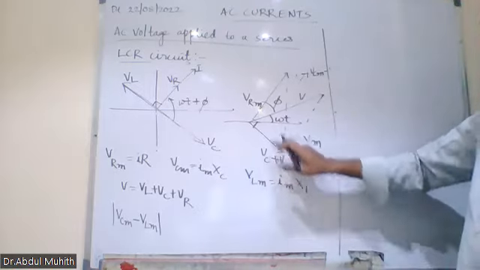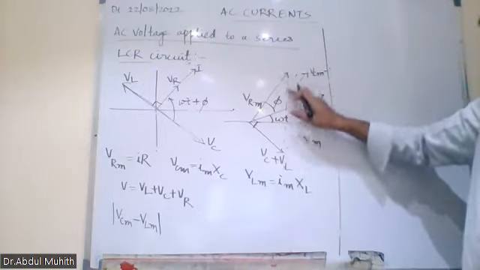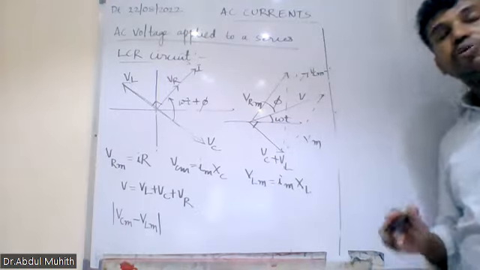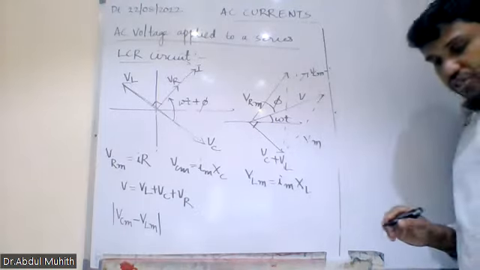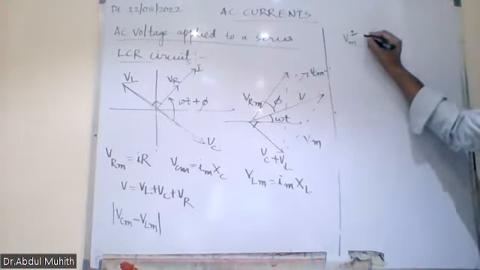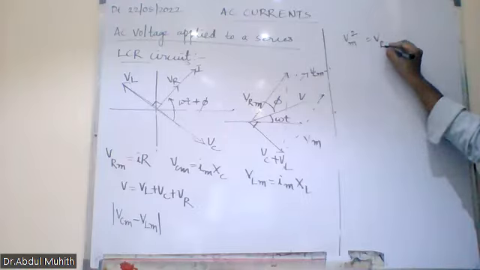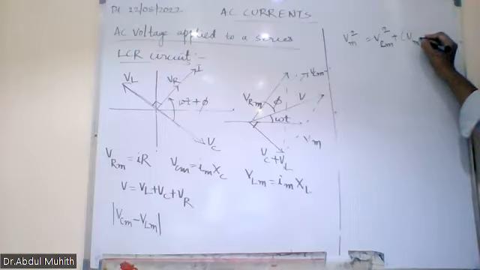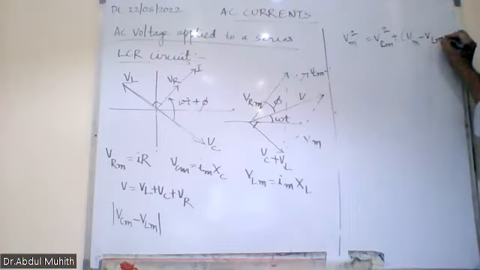This is VCM minus VLM, this is VRM. The resultant is the hypotenuse. Hypotenuse square is equal to opposite side square plus adjacent side square, so VM square is VRM square plus VCM minus VLM whole square.